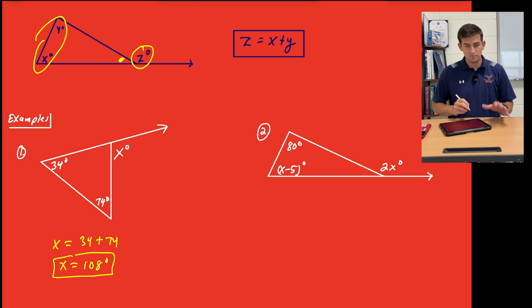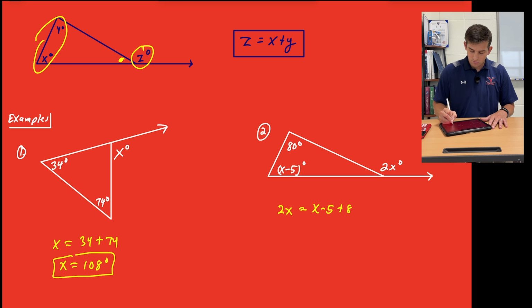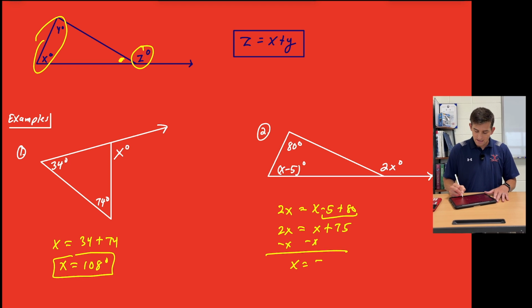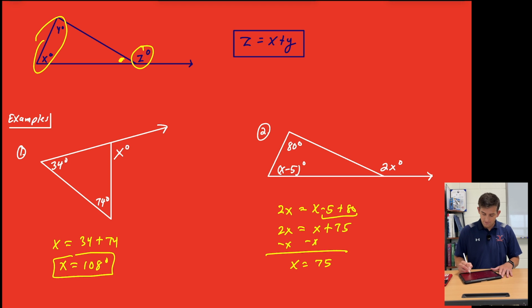Number 2, a little more calculations involved. We could see that 2x should be equal to x minus 5 plus 80. So 2x is equal to x plus 75, because negative 5 plus 80 is 75. Let's subtract x, and this gives us x is equal to 75.